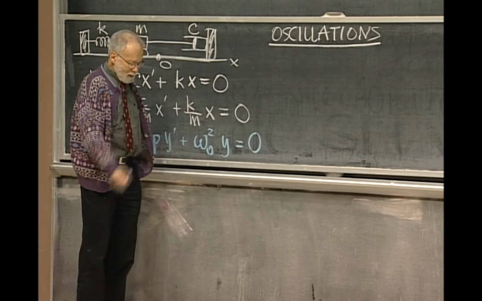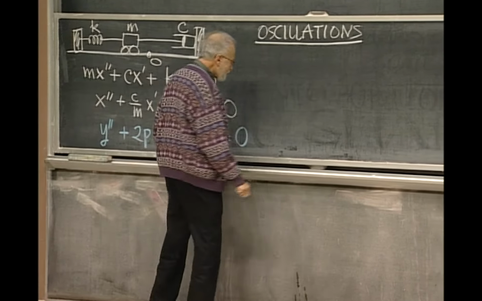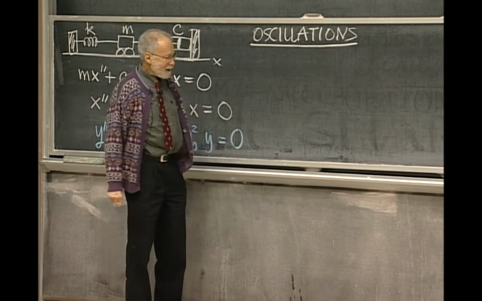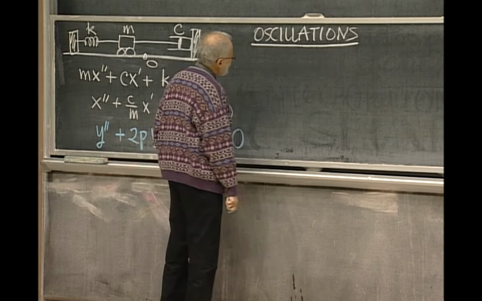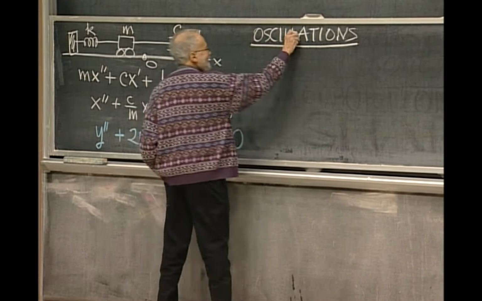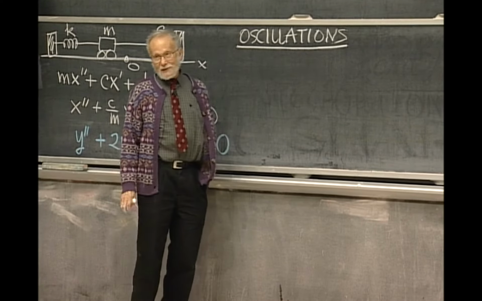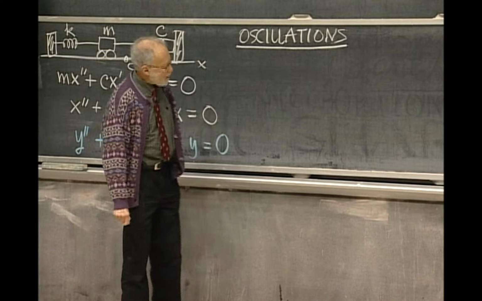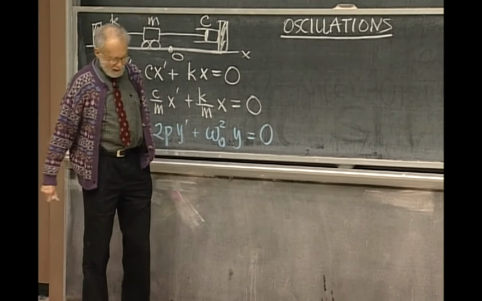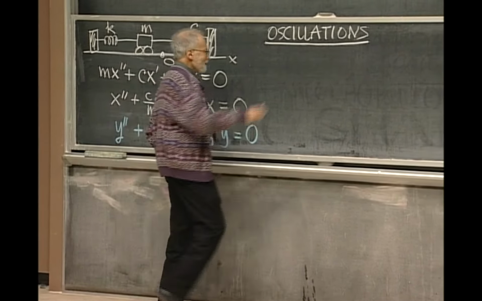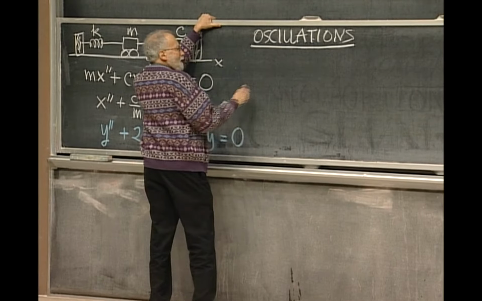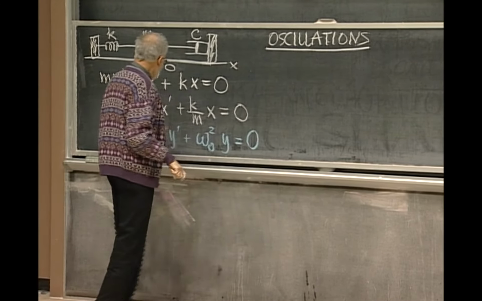I could go on for 5 minutes listing things that oscillate. They could oscillate by going to sleep and waking up and going to sleep and waking up. Okay, so that means we're going to get complex roots.